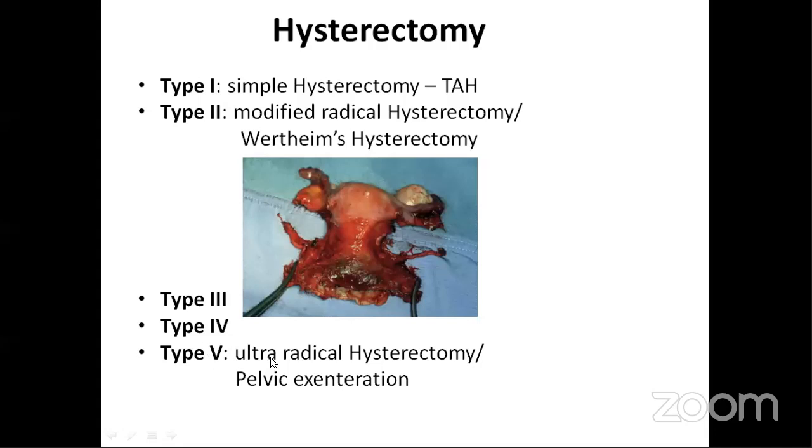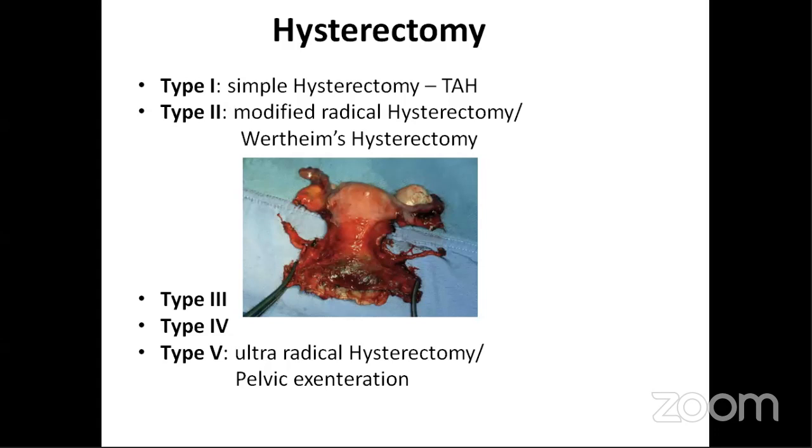Type 5 is ultra radical hysterectomy, also called pelvic exenteration, wherein, apart from all we discussed till now, there is bladder and bowel involvement, so we go in for pelvic exenteration, wherein the bladder is also excised and the ureter is attached to some part of the bowel. Okay, a pouch is formed in the ileum or in the sigmoid, and that is called anterior exenteration.